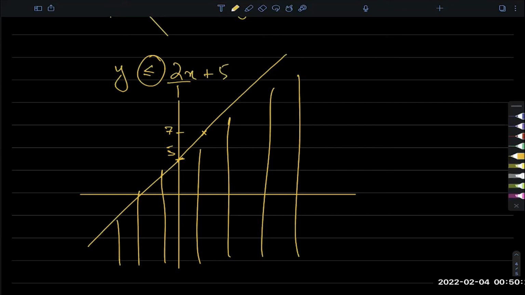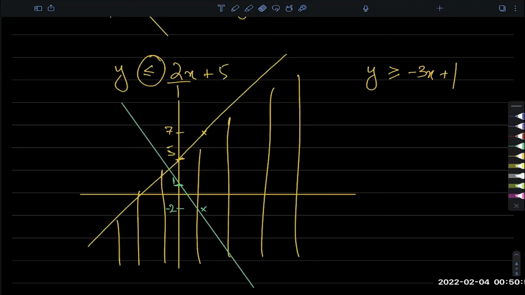But what if I combine this with y is greater than or equal to minus 3x plus 1? Now, I will have to draw that line as well. So if I do that, that line is going to be 1 over here, and minus 3 means it's going to go down. I'll just join these 2 points, okay?